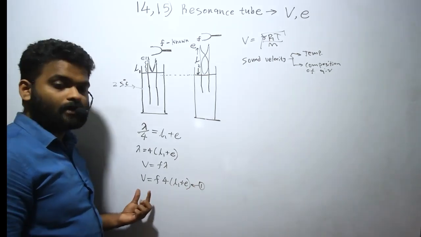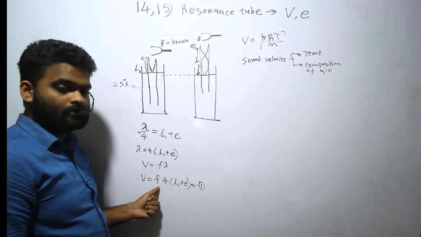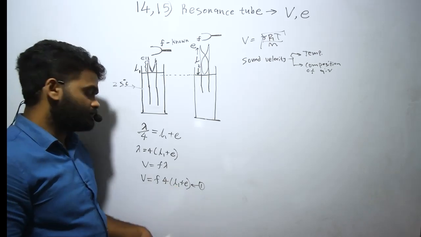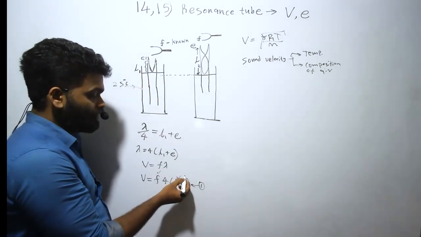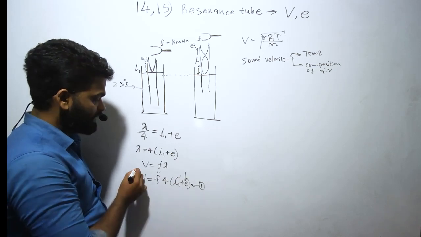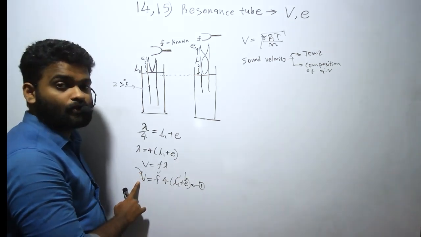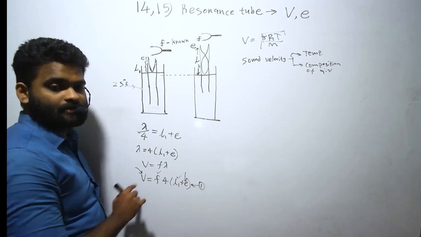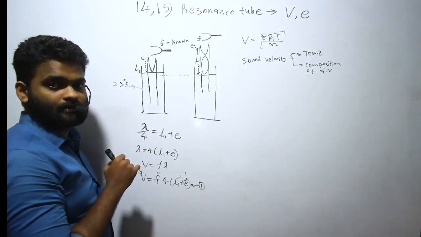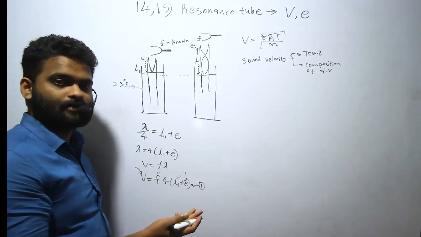So there are two unknowns. Frequency we know, L1 you can measure. What we don't know is the end correction and the sound velocity. So we are going to need two equations. That's why we got two instances. So this is a direct calculation.